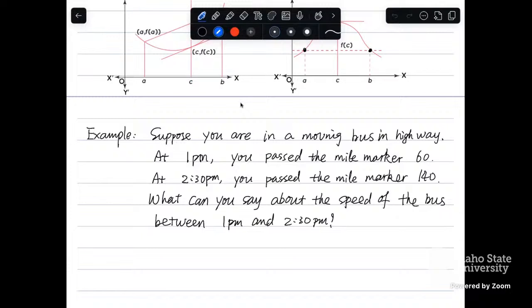So there would be a particular moment when the velocity of the bus must be 80 divided by 1.5. That's the conclusion you can get, and the idea behind this conclusion is based on the mean value theorem.